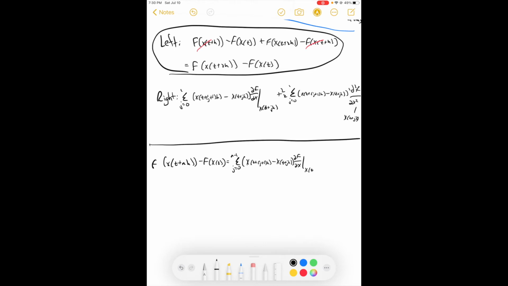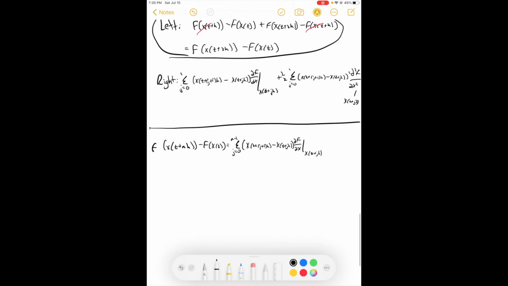Evaluate that at x of t plus jh, plus the sum from j equals 0 to n minus 1 of x of t plus j plus 1 h minus x of t plus jh, squared, times the second derivative. Evaluate that at x of t plus jh.